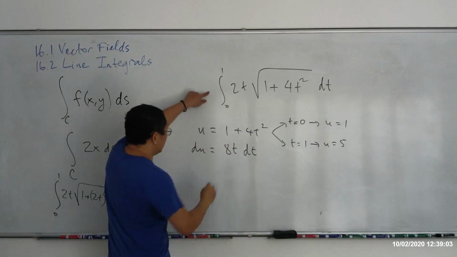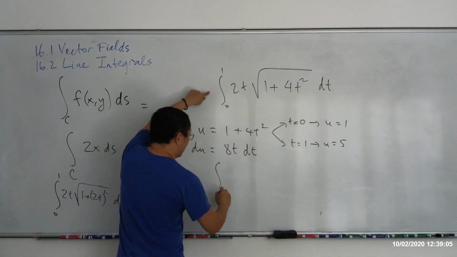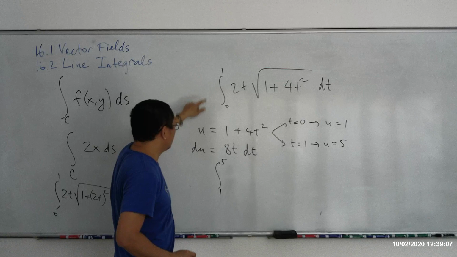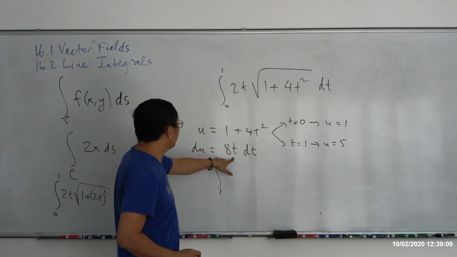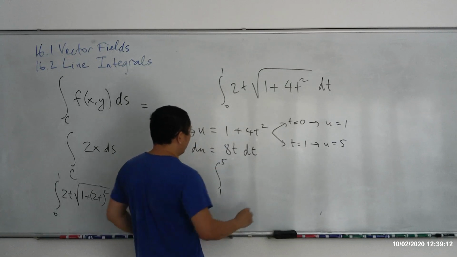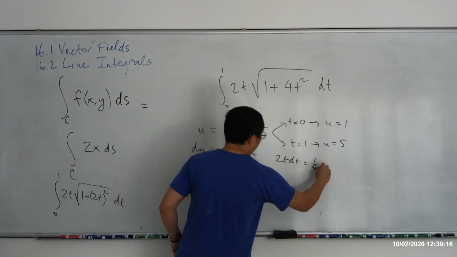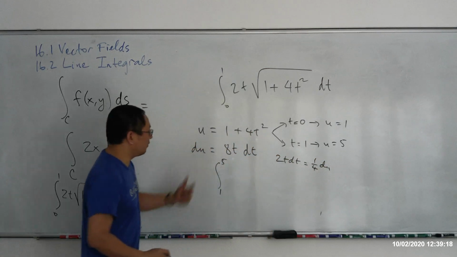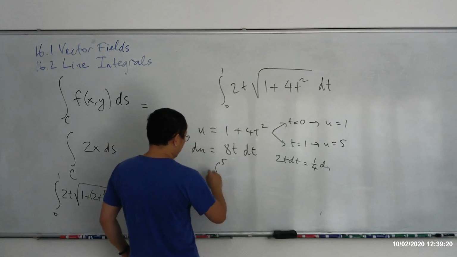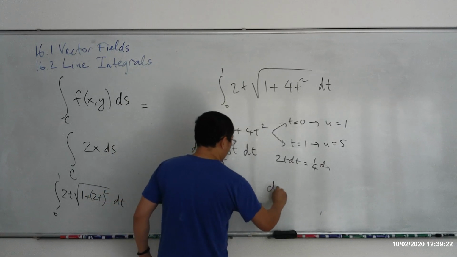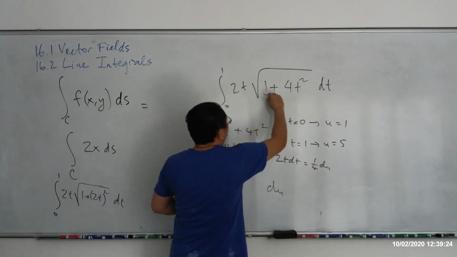So this integral becomes from 1 to 5 in terms of u. 2t dt is 1 over 4 du; divide both sides by 4. So I got 1 over 4 du, and this one is square root u, so u to the 1/2.